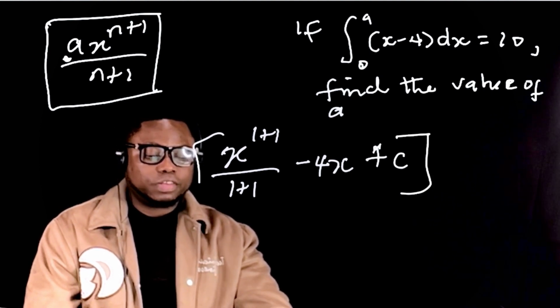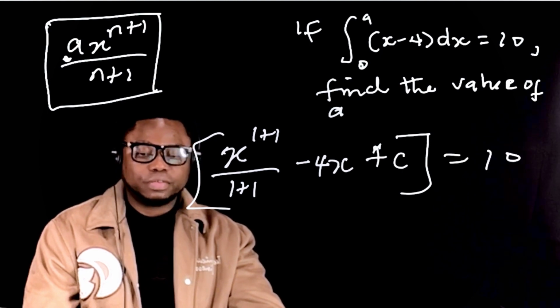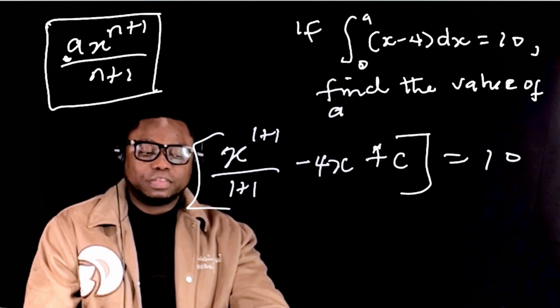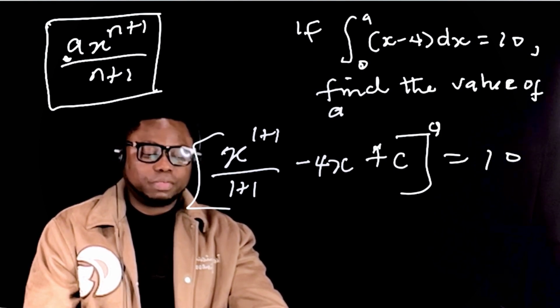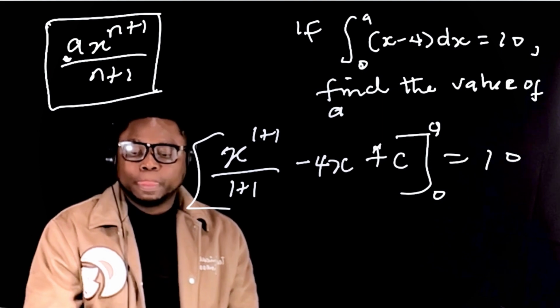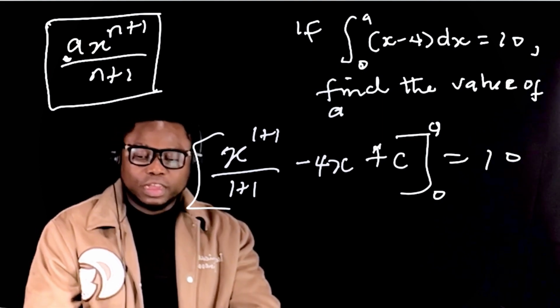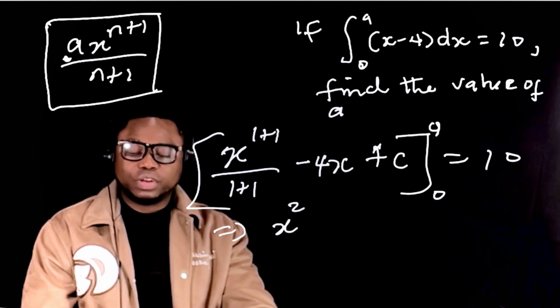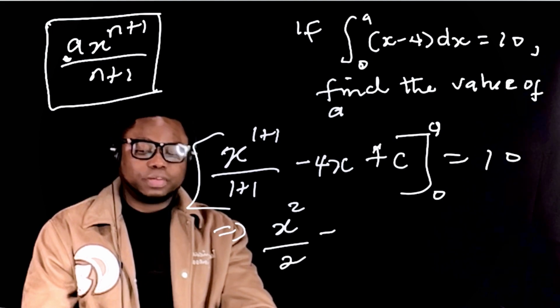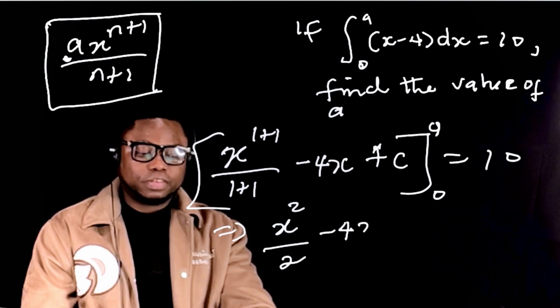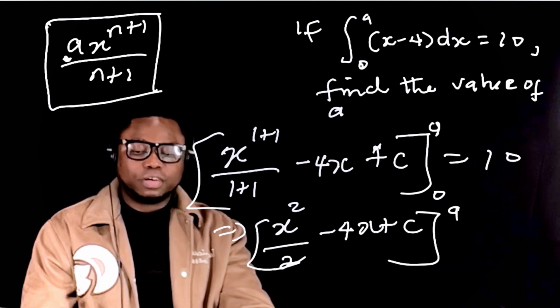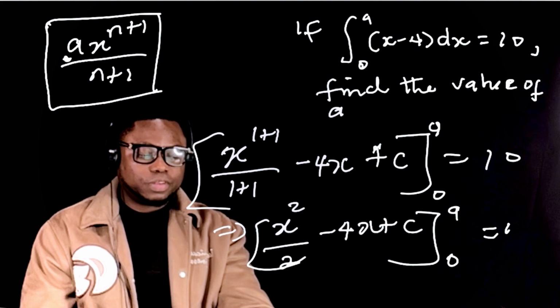So I'm going to equate this to 10. Remember that the upper limit is a, that is what we're looking for, and the lower limit is 0. After this, I'm going to simplify the brackets. I'll have x raised to the power of 2, of course 1 plus 1 is 2, divided by 2 minus 4x plus c, then a up, 0 down is equal to 10.